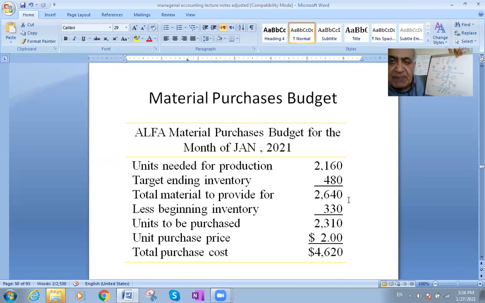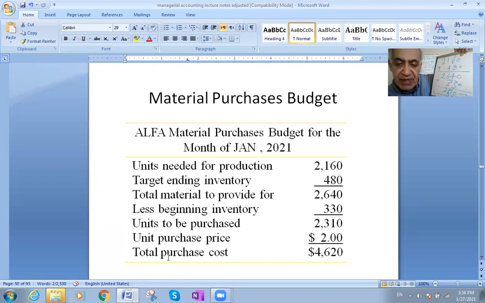So I will need 2,310 units to be purchased. But wait a minute, each unit will cost me $2.